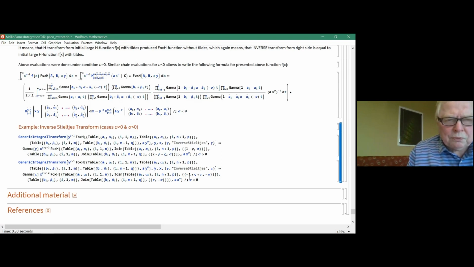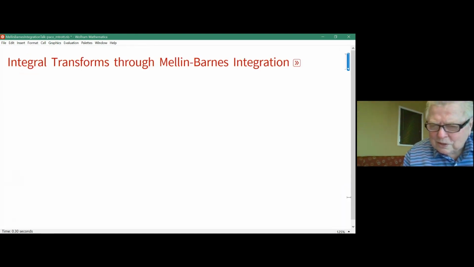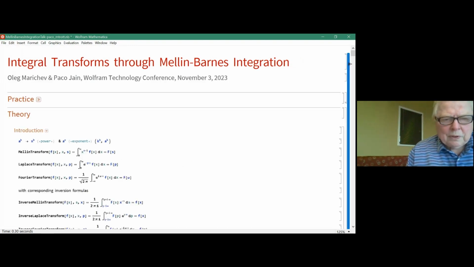Here you see only formulas, but we know how to convert to programs, and soon we will have such programs. Paco, big master in this area, and we will realize this. And you feel that we cover all such big area: integration, definite integration, indefinite integration, all integral transforms.